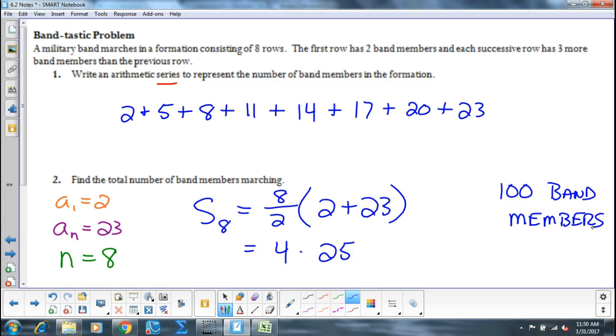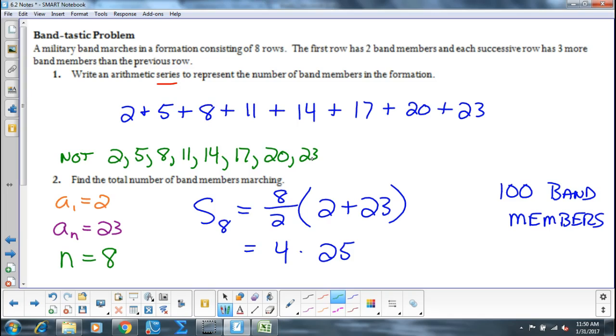Okay. Now, in regards to question number 1, if I gave this as the answer, is that correct? No. Okay, because that's a sequence, right? But can I find the sum?